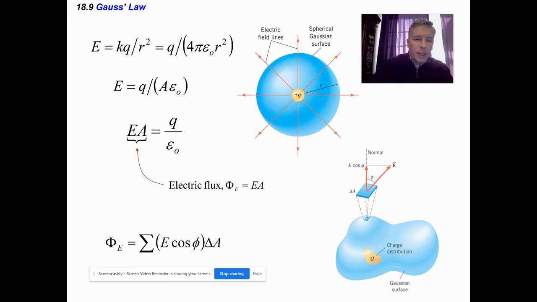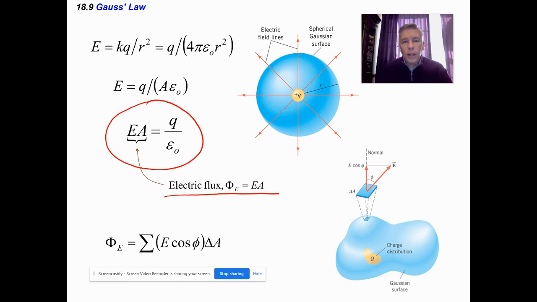And one of the cool things is the electric flux is equal to the charge that's being enclosed divided by, hey, look at that, permittivity of free space. So this would be the electric flux. And we often use the Greek letter phi to represent electric flux.